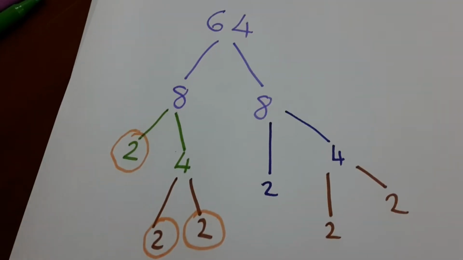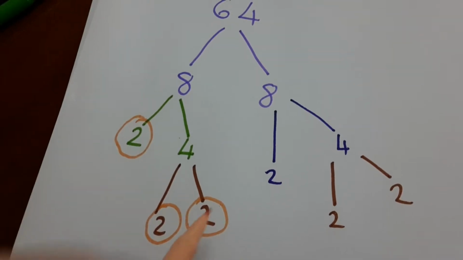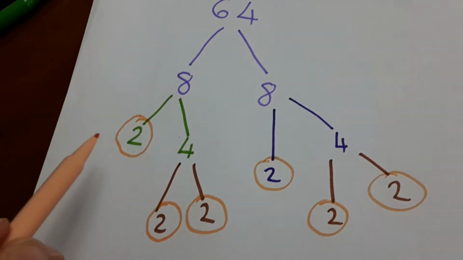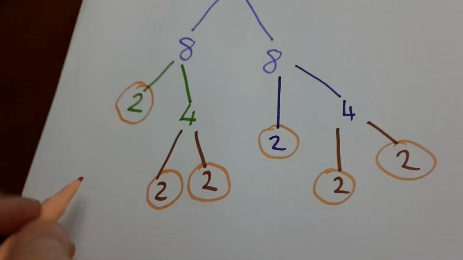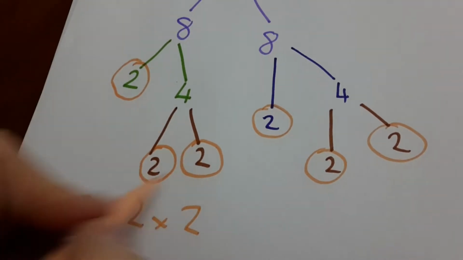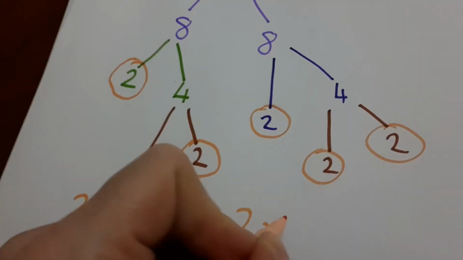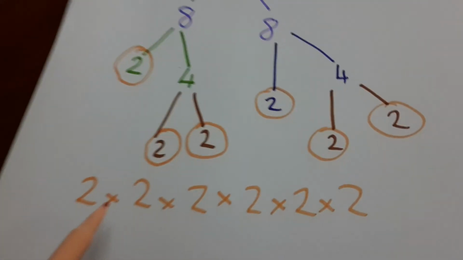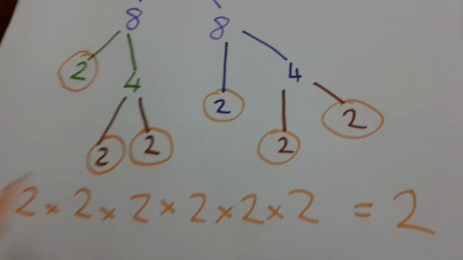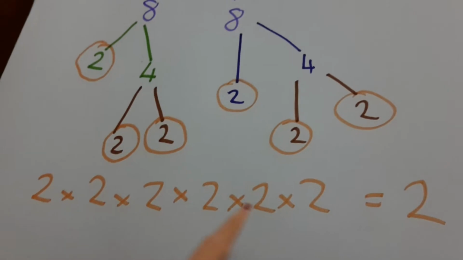And then I'm going to go through and check for any primes. So 2 is a prime, another 2 and another 2. If I wrote all of these prime numbers down and multiplied them together, I've got three 2s this side and three 2s this side. So technically I've got 2 to the power of 1, 2, 3, 4, 5, 6.